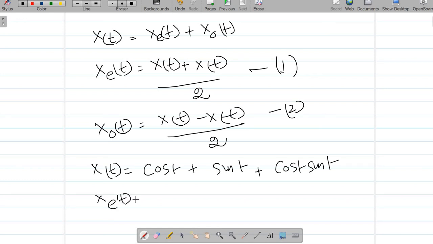The even part of the signal can be found as x of t plus x of negative t, divided by 2. So x of t, I know what x of t is. x of t is cos t plus sin t plus cos t sin t.